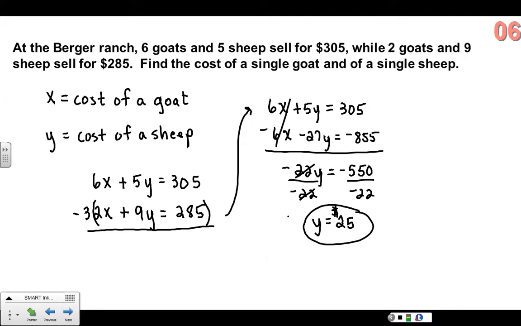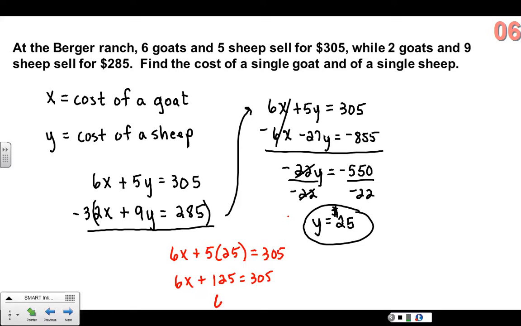So how can I find the price of a goat? Well, we're going to go back to one of our original equations. How about we say 6x plus 5 times 25 equal to 305. 6x plus 125 equal to 305.